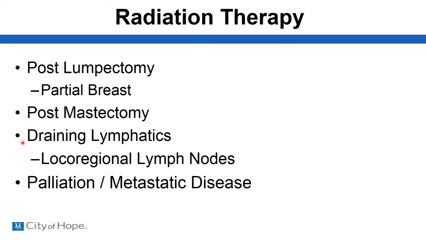And then the lymph nodes. Do you treat just the lymph nodes in the armpit area, or do you treat more extensively, again, based upon imaging and the final pathology results and how many lymph nodes were initially positive? And we can also give radiation for palliation of metastatic disease, either to something like a bone or other organs.